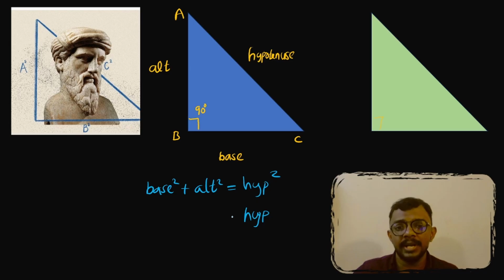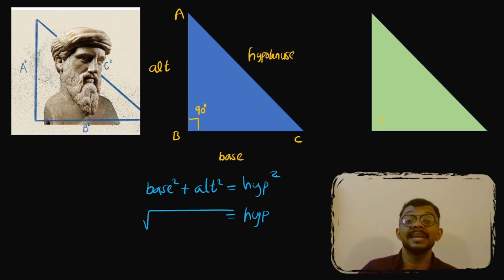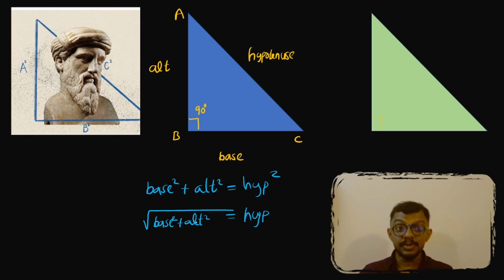The hypotenuse squared equals that sum. If we remove the square, we put a root on the other side. So the hypotenuse is root of base square plus altitude square. The famous team of Pythagorean scientists proved it.